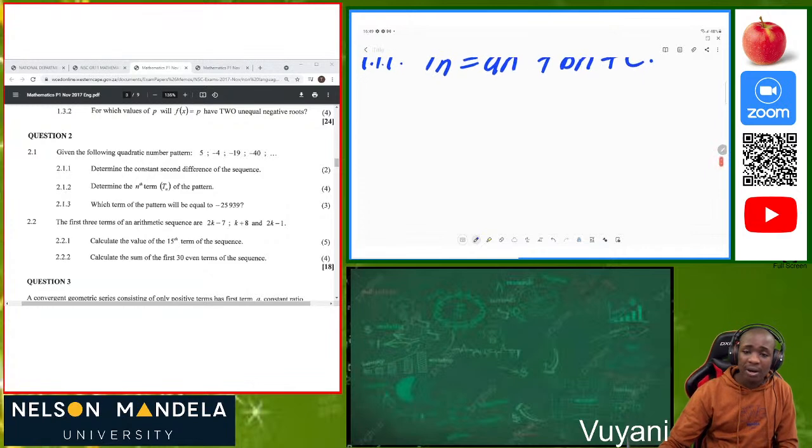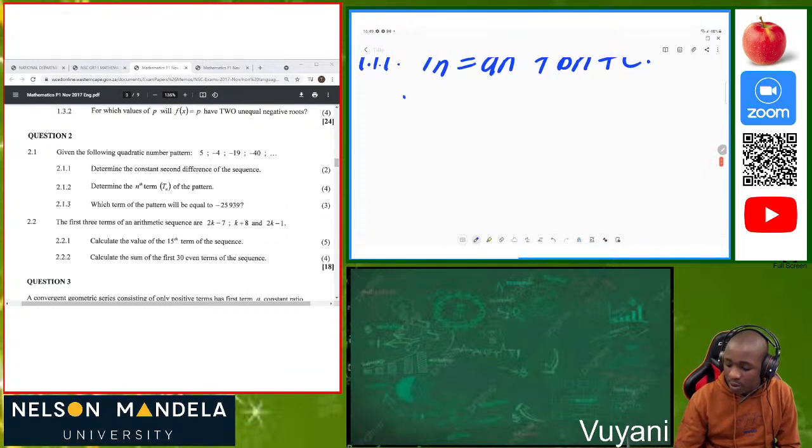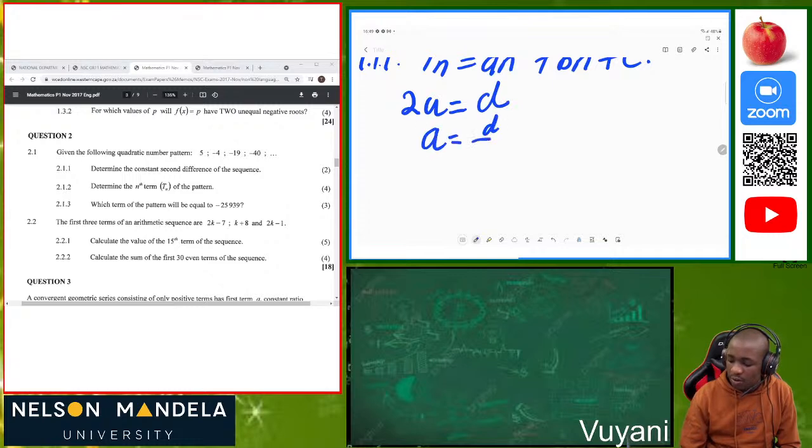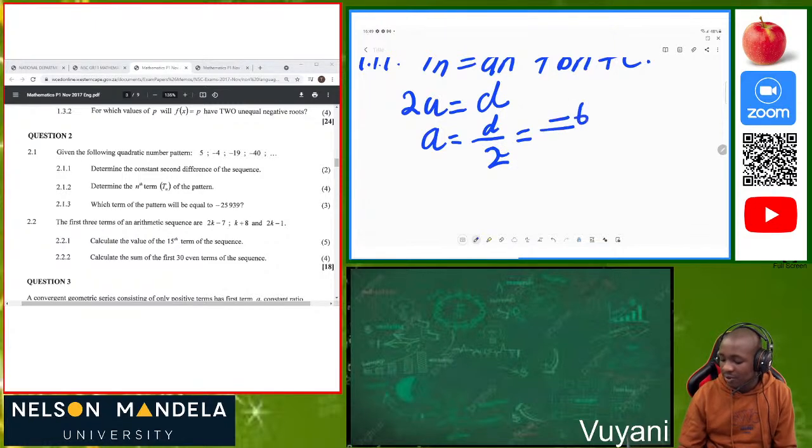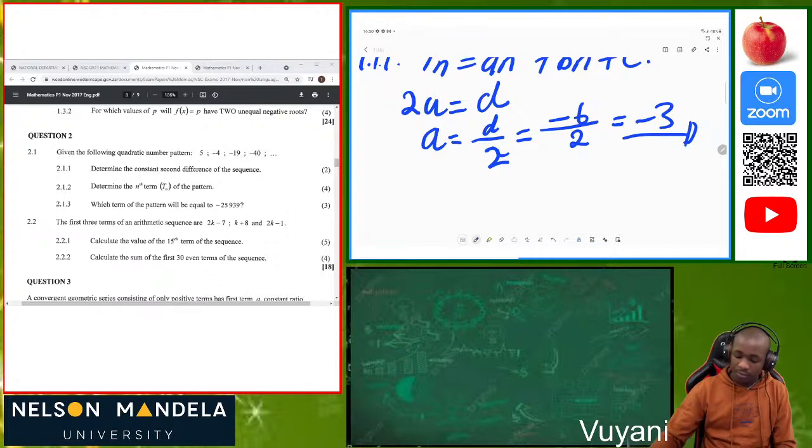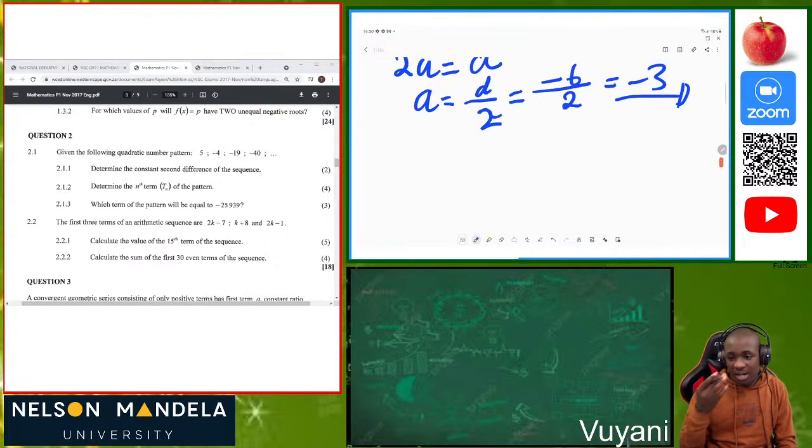So how do we find our a? We have done that earlier. We know that 2a is equal to d, so a will be equal to d over 2. Our d, which we calculated in 2.1.1, is negative 6, divided by 2, it's negative 3.